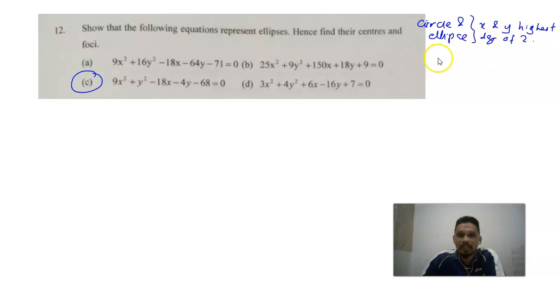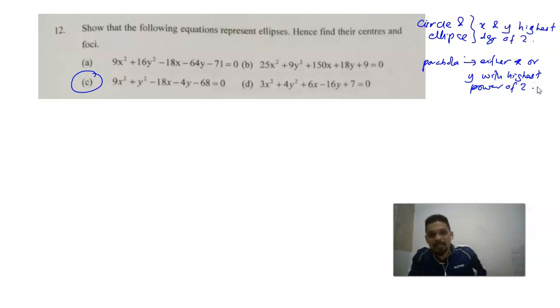In our syllabus for a parabola, there will be only either x or y with the highest power of 2, either one.